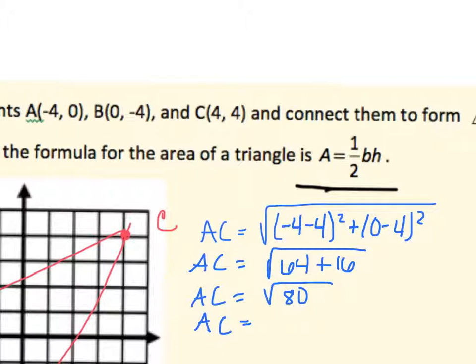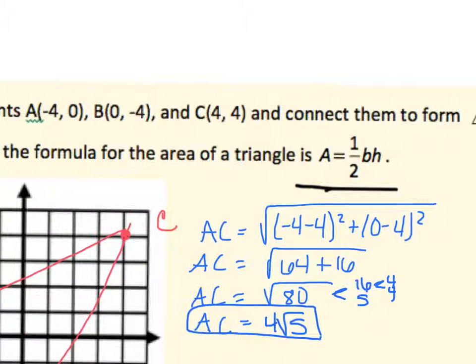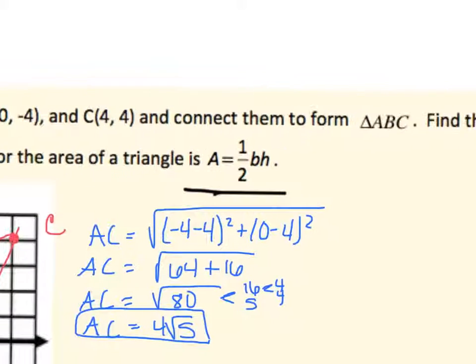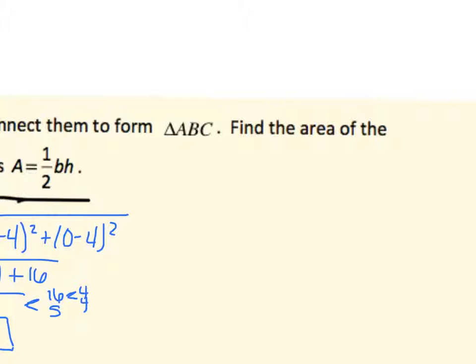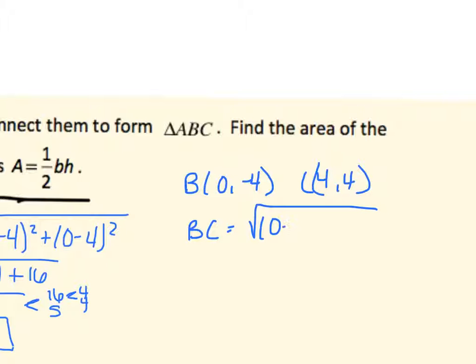If I break 80 down, 80 can be broken down into 16 and 5, and 16 is 4 and 4. So I should have 4√5 for AC. Now I'm going to do the same thing for BC, from (0, -4) to (4, 4). BC is going to equal the square root of (0 minus 4) squared plus (-4 minus 4) squared.